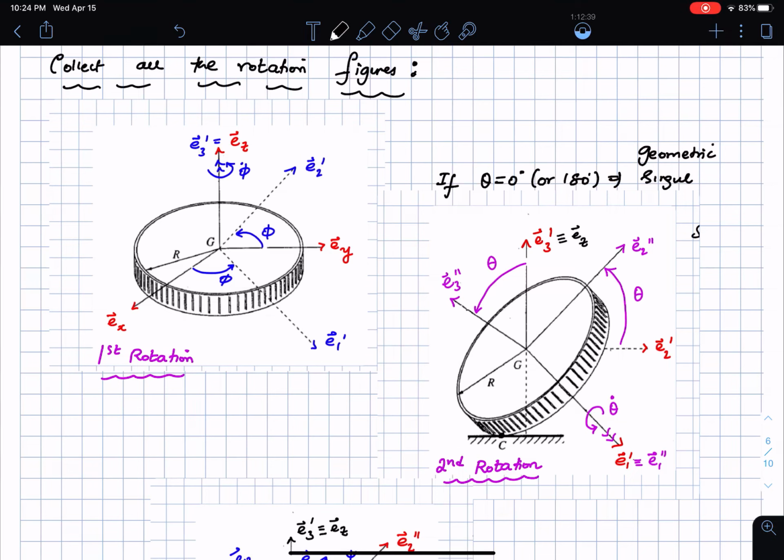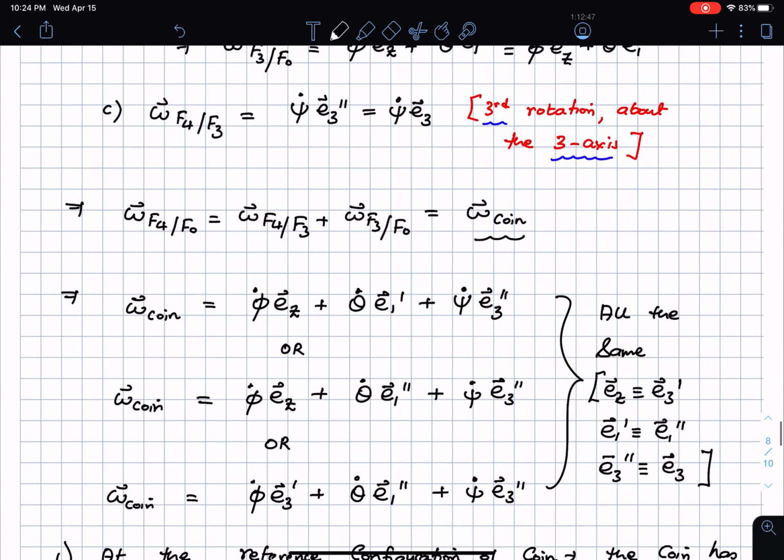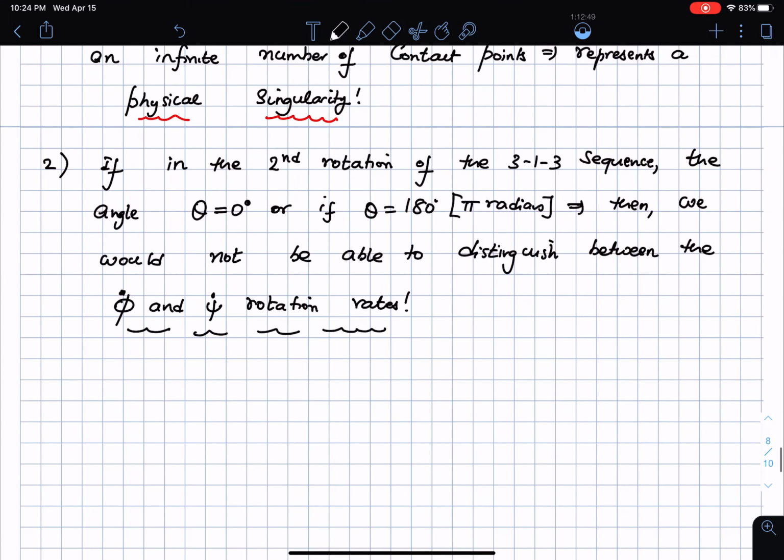I want to write that statement down here too. So for theta equal to 0 or pi, we have a geometric singularity.